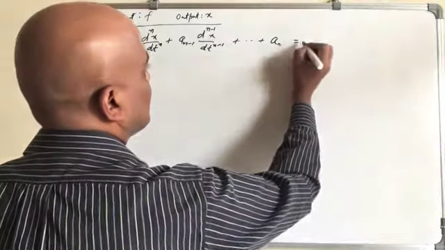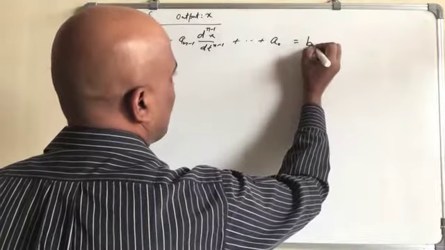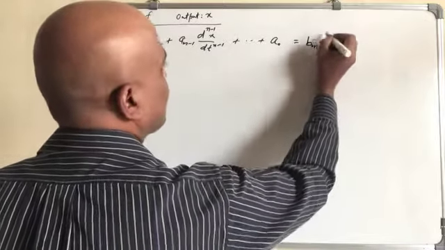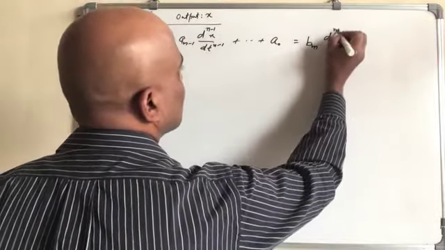And then it is equal to, on the other side, b m d m f dt m.